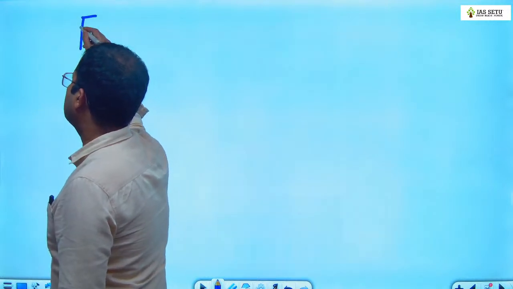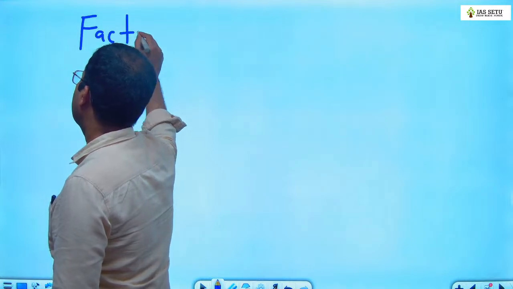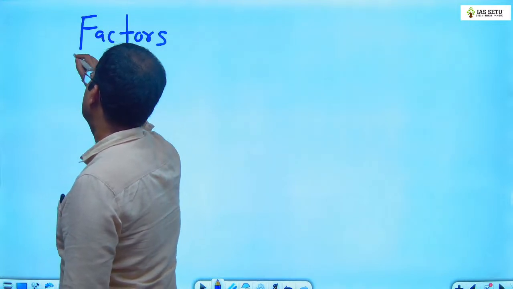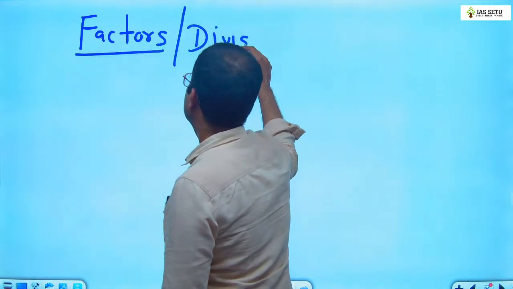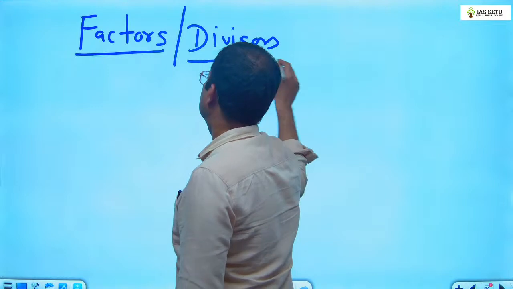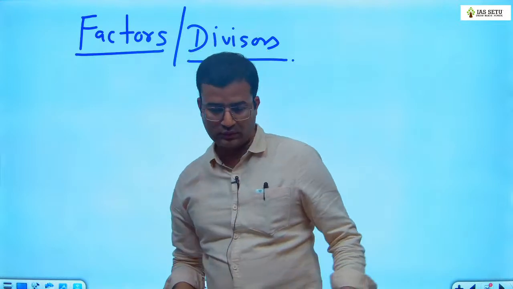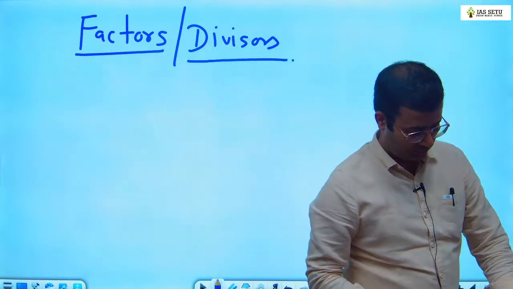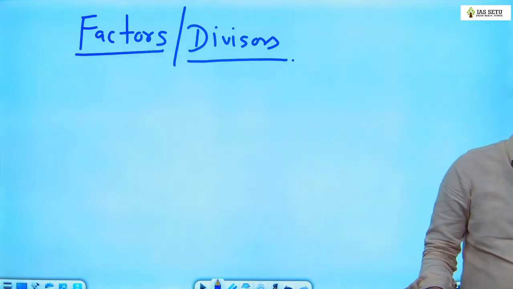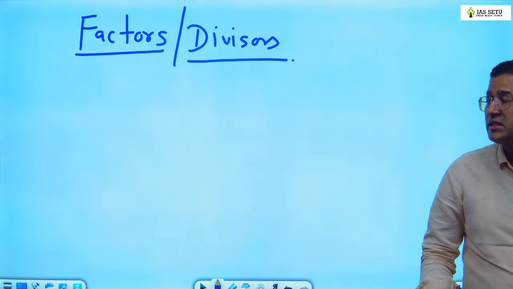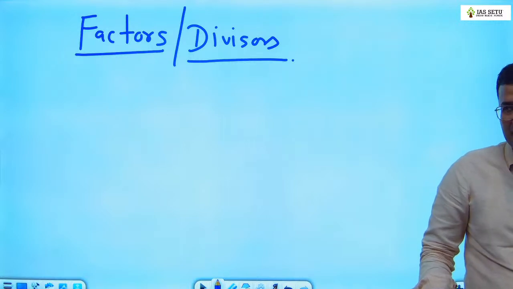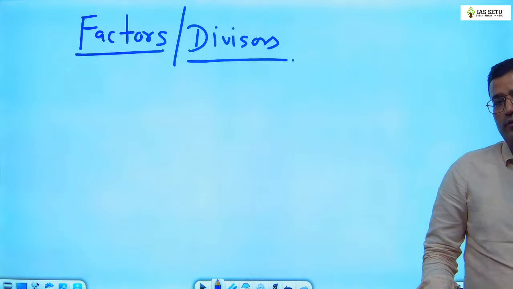Next is factor or divisor. I will just tell you the basics of factors and divisors from NCERT, and I give you two observations.